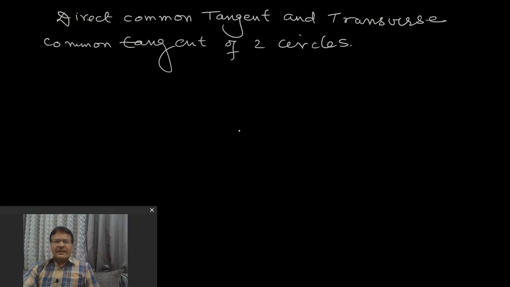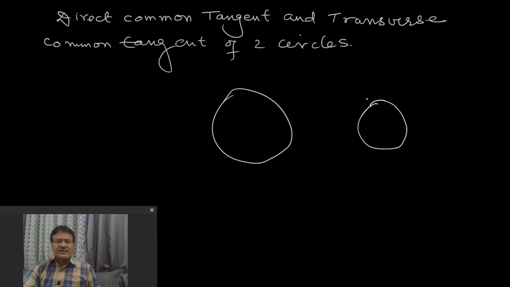With the help of a diagram, I would like to explain what is direct common tangent and what is transverse common tangent. Suppose these are two circles.